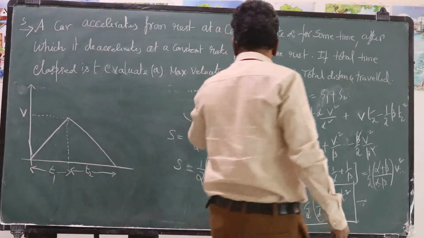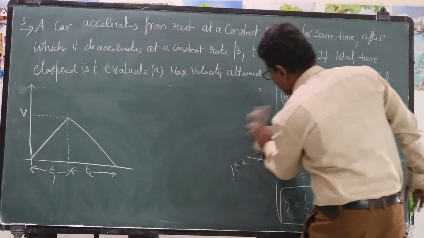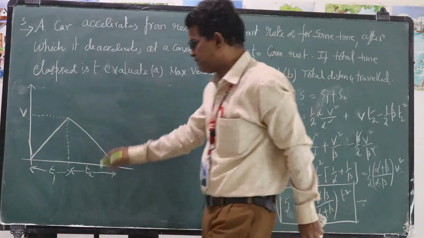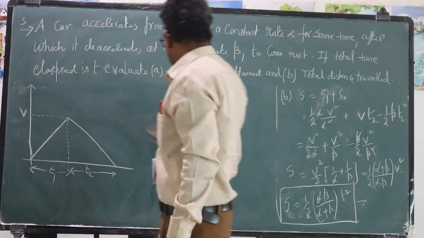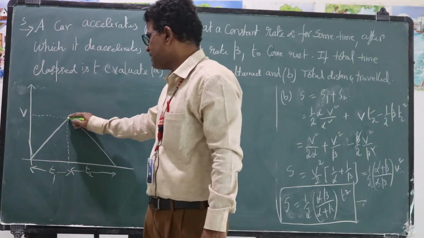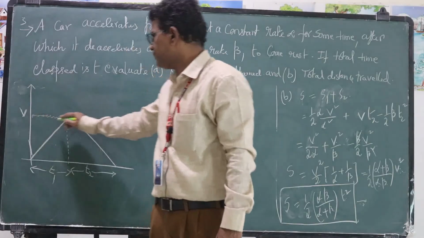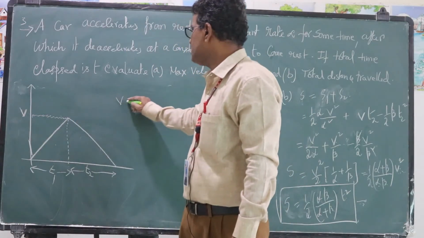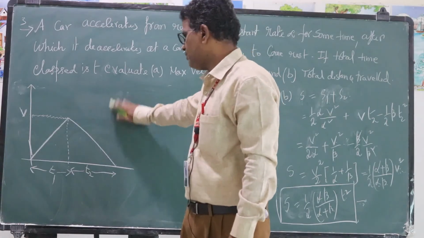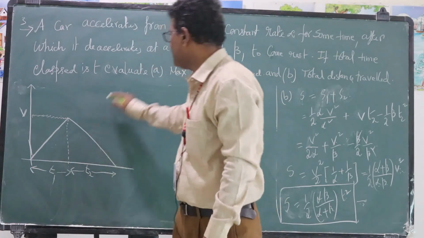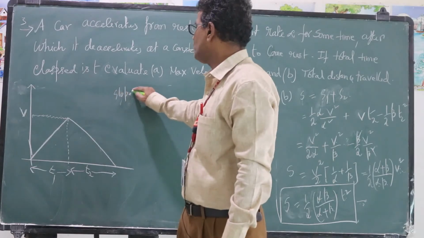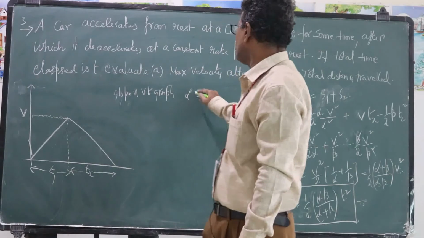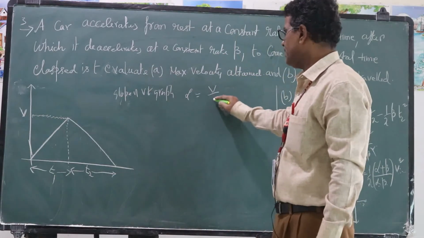So the same problem we can solve by using these vt graphs. What we want is the average velocity. See, the maximum velocity attained by it, we got it as v. From the graph, the slope of the vt curve gives acceleration alpha, that is v by t1.